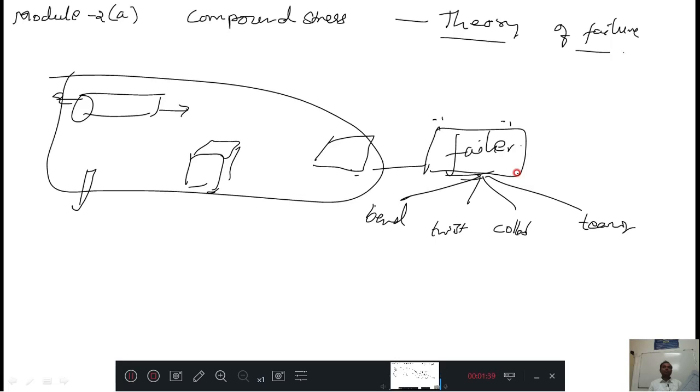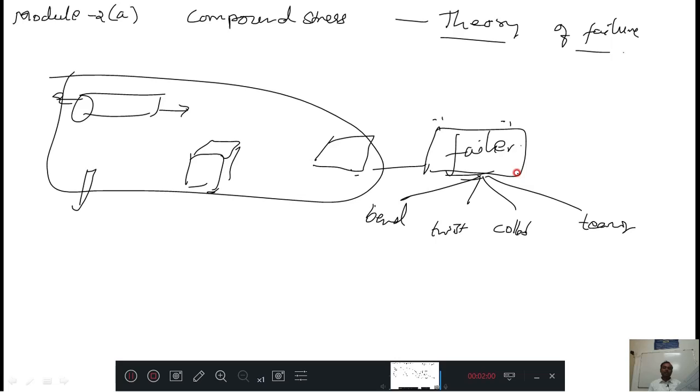Okay, how to judge that failure, because of which stress that material has failed? That is because of excessive normal stress, or excessive shear stress, or a combination of these two resultant stresses, that we don't know.